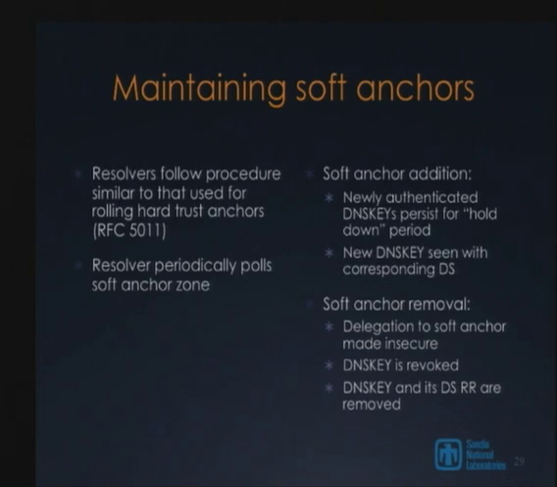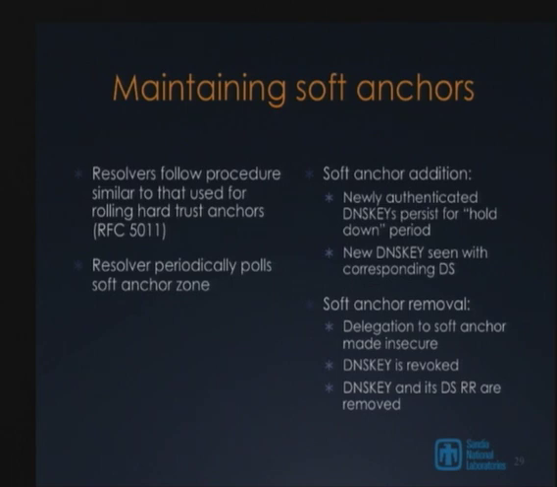And the way that new anchors are added is every time a DNS key is added to the DNS key resource record set for a particular zone. So a new key shows up, then you're going to add that to your repository, after it's been there for a particular amount of time to validate that it's actually valid. And also if a new DNS key shows up with the corresponding DS record, then they look at that and say, okay, we'll add that into our repository.